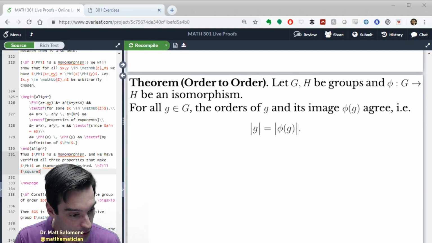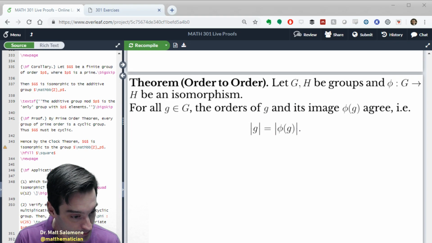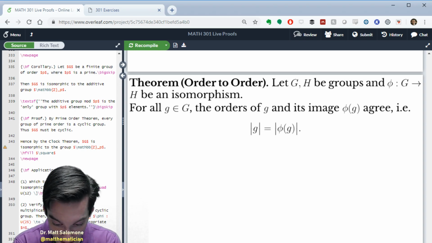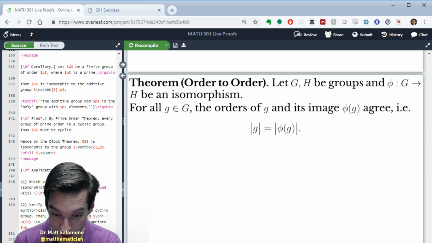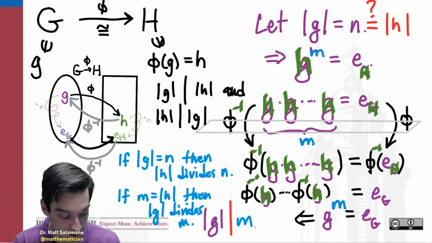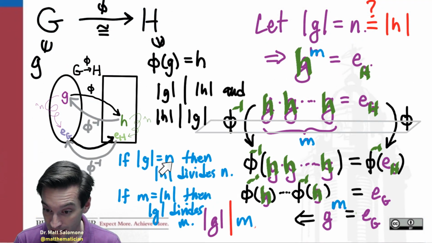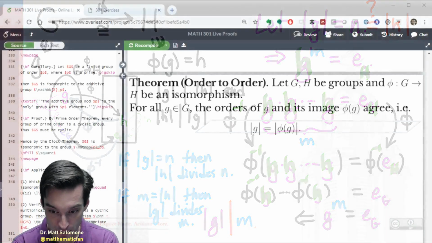So why do isomorphisms preserve order? Let's just get this bit written up, and I'll try to make it a little more straightforward than what we just had. So what I'm going to do is just right off the bat, I'm going to let readers in on the notation that I ended up settling on here. I let n stand in for the order of g, and m stand in for the order of h. So let's define that right out of the chute.